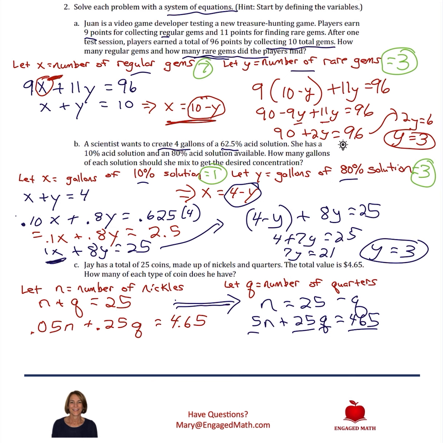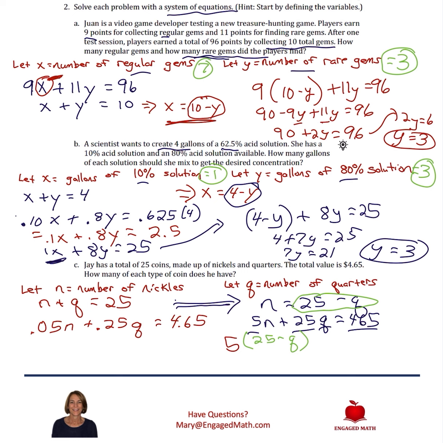All right, so now I'm going to substitute back in. I'm going to circle this one in green because it's a little bit trickier with the n's and the q's. What I'm going to write in green is what I'm substituting in for n. So I have 5, and then instead of writing n, I'm going to write 25 minus q, plus 25q. Let's change that color back again.